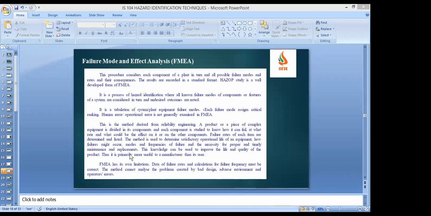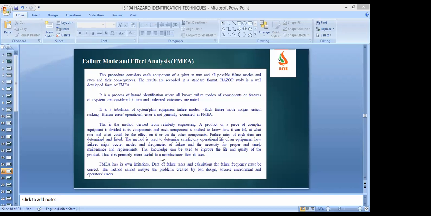Why do we do FMEA? It is done for proper maintenance and also replacements of the parts which are used. That's why all the automobile companies do this FMEA for their manufactured goods. So that's why they are confident that up to 1 lakh kilometers they will give a guarantee, because they would have done all the tests within that range.